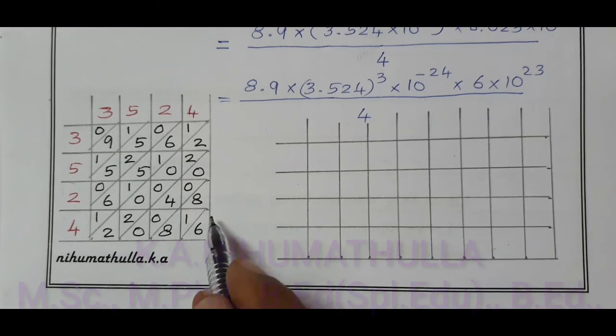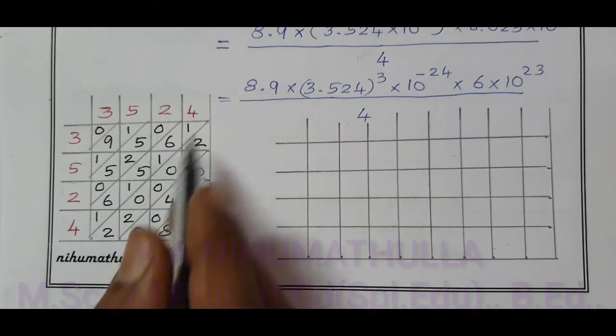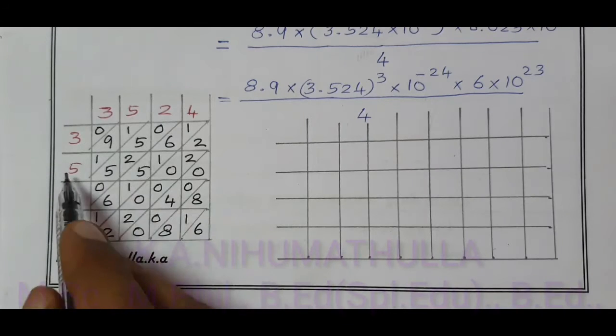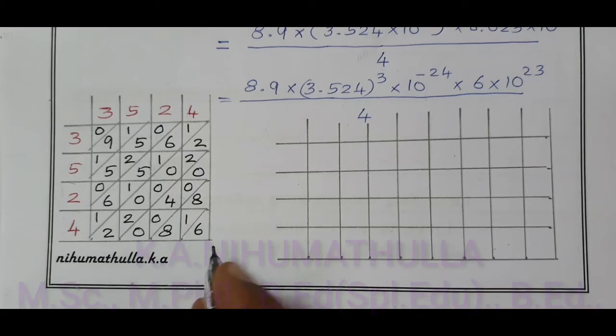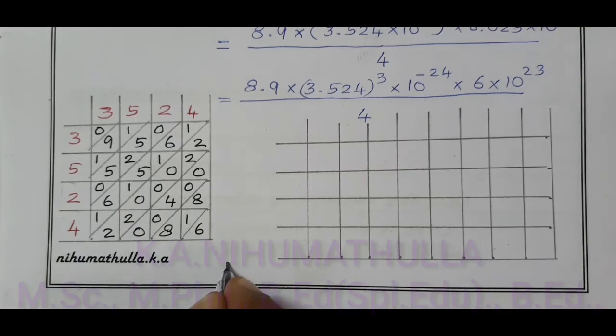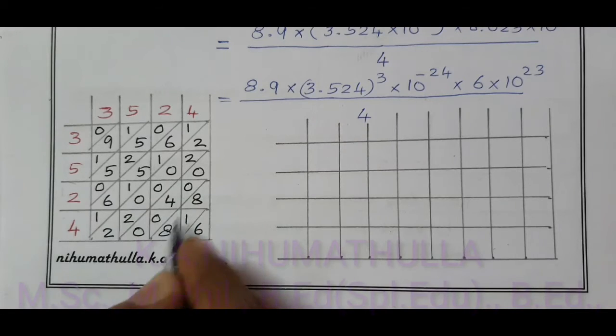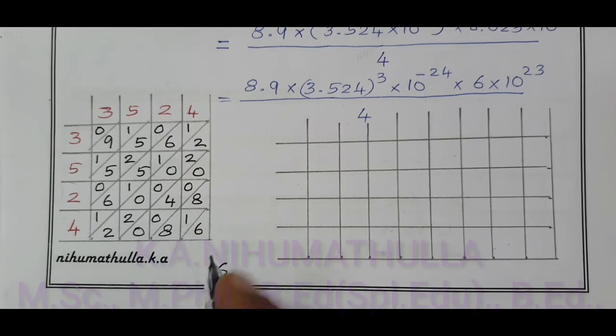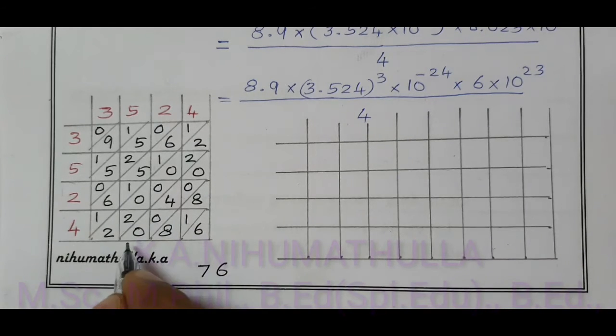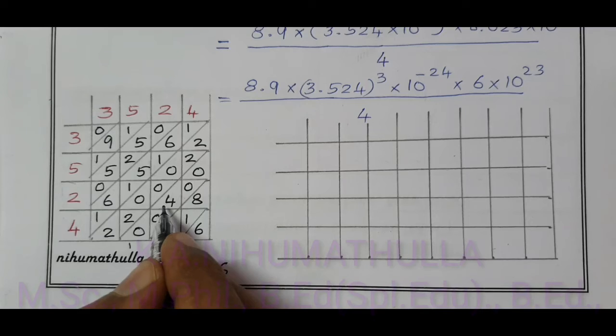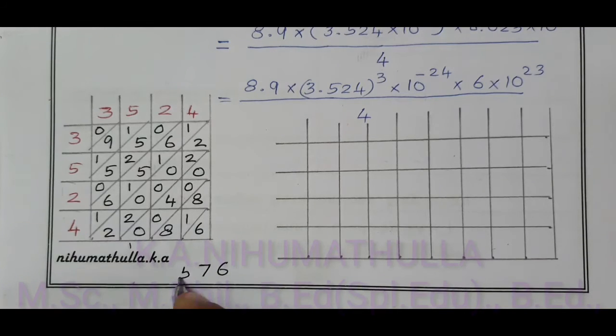Starting from this row, now I am going to write the answer of the square value. 6 here, 1, 6. 8 plus 8 equal to 16 plus 1 equal to 17, remaining 1. 5 is over.